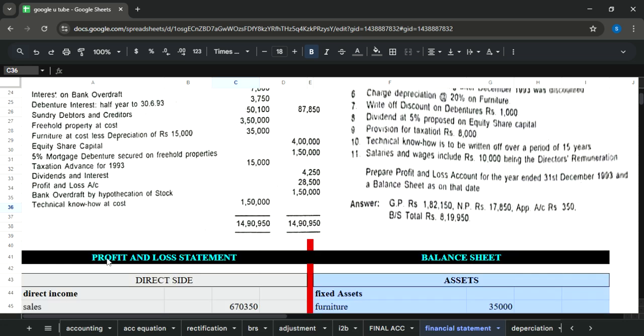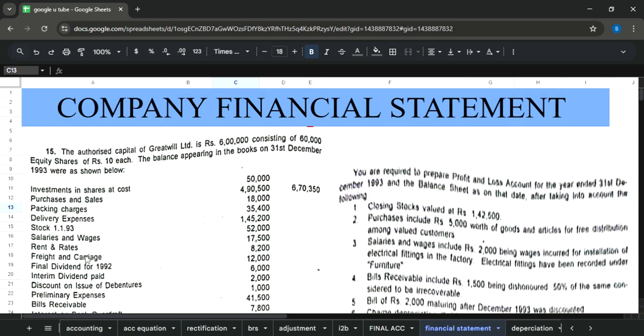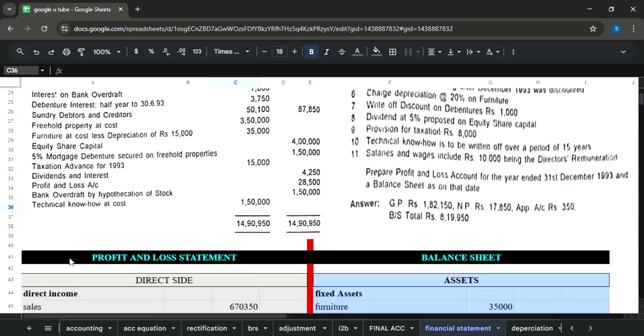Now there will be a question since answers are available over here. So how we come to know that if freight and charges are not mentioned, whether direct or indirect, how would we decide it? So for the time being, it is written beside salaries, indirect, rent, indirect, freight is written beside them. So we are just assuming, we are just supposing that this freight and carriage is out.